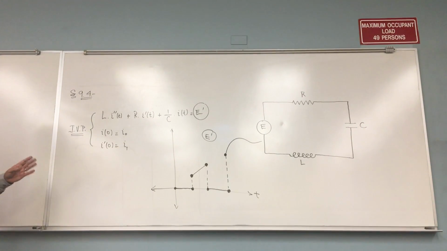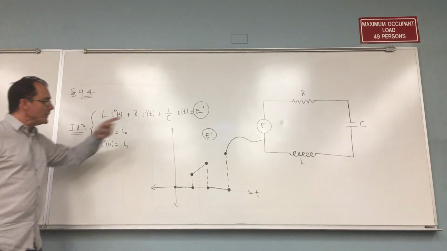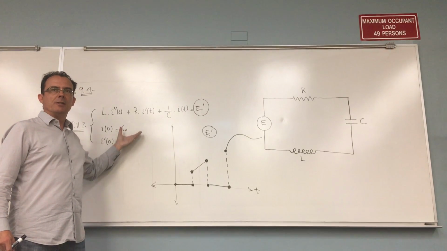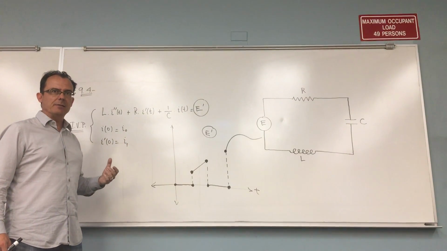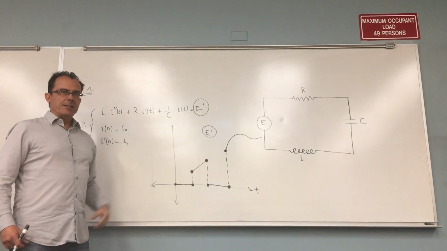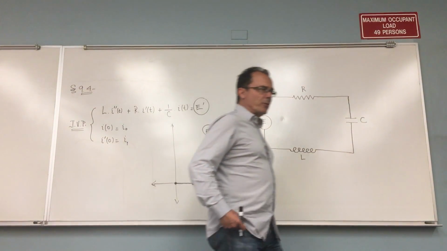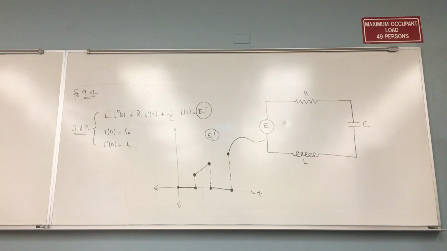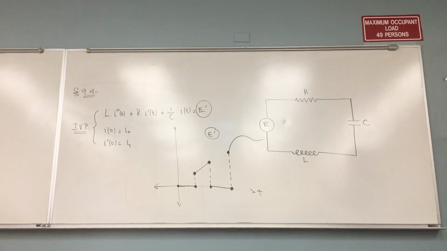So, what is the point here? In many cases, this non-homogeneous term in the application, right? Look at this electrical circuit. This non-homogeneous term on the right-hand side of the linear differential equation with constant coefficients doesn't have to be a nice function of t.